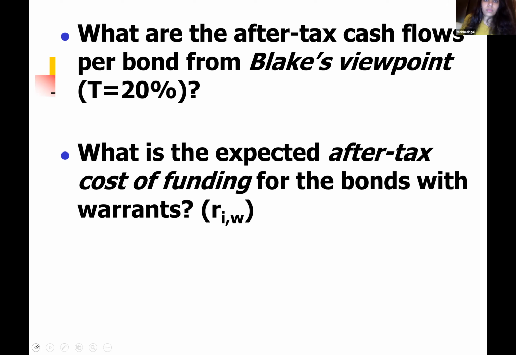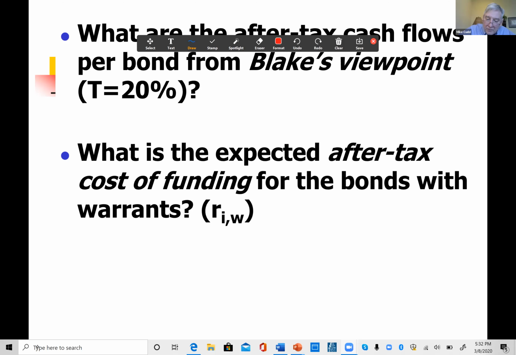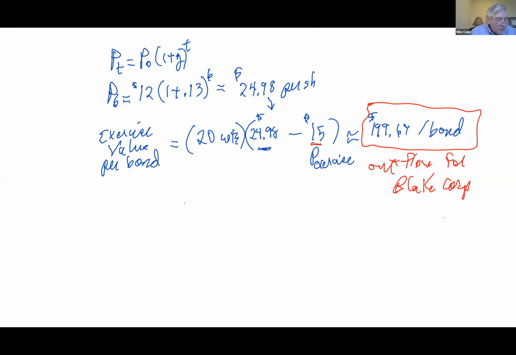So from Blake Corporation's viewpoint, these bonds at T equals 0, they sell the bonds, they get 1,000. Then for 25 years, they're going to have to pay interest, but the interest is tax deductible.